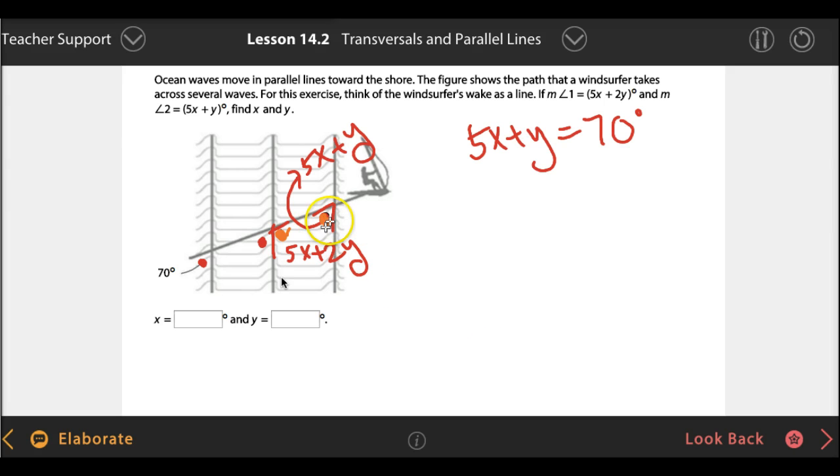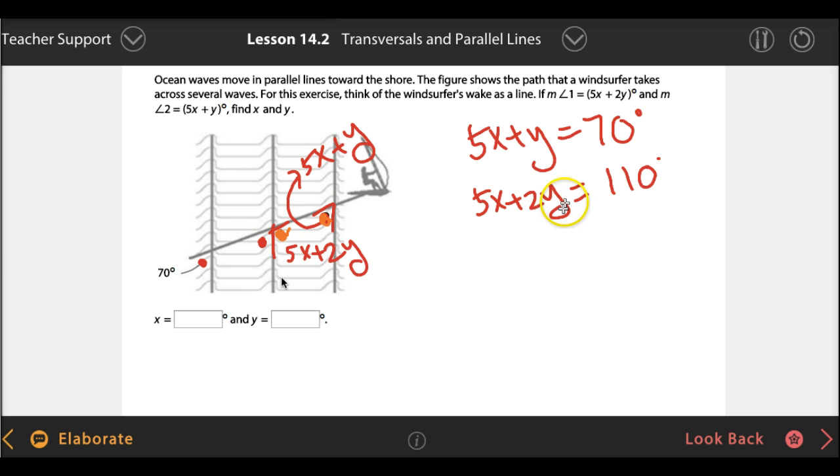So if this is 70 degrees, this angle is going to be 180 minus 70, which is 110. So 5x plus 2y is 110 degrees.